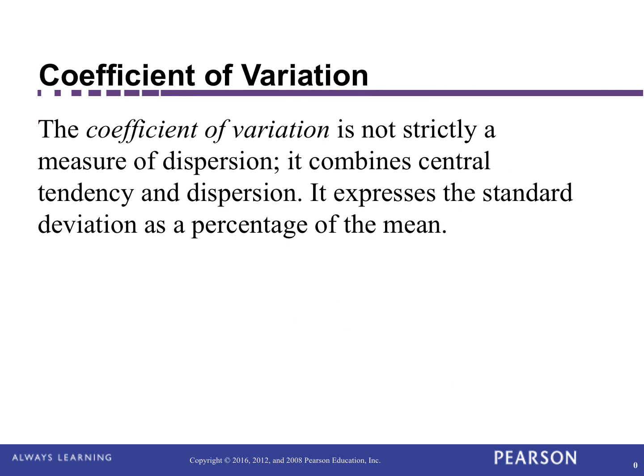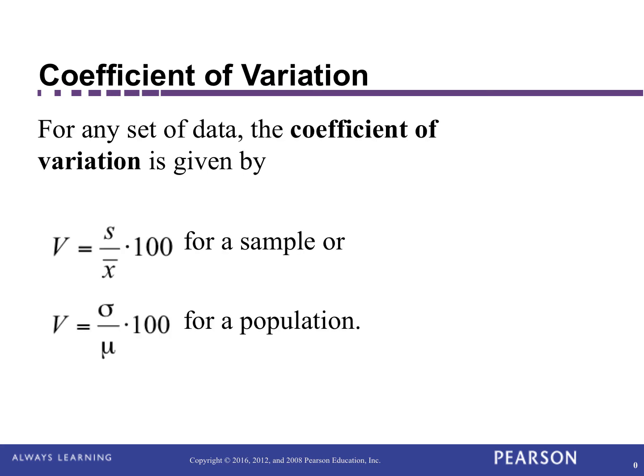The coefficient of variation is not strictly a measure of dispersion. It combines central tendency and dispersion. It expresses the standard deviation as a percent of the mean. For any data set, the coefficient of variation is given by V equals S, which is the standard deviation, divided by X bar, which is the mean.